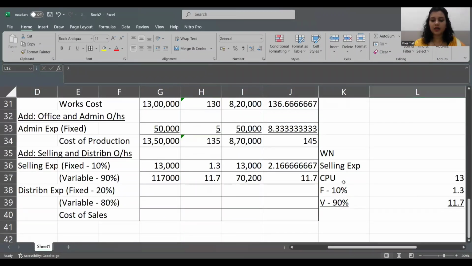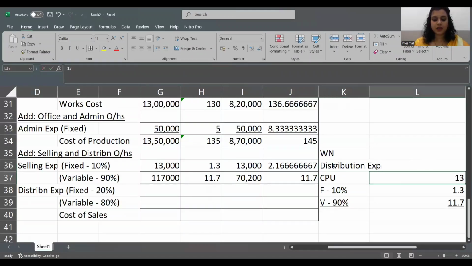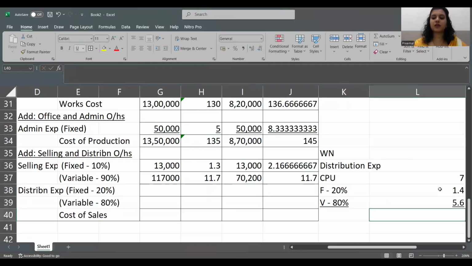So let's prepare another working note. This time I will be calculating it for distribution expense. Cost per unit is 7. Fixed portion is 20%. So the variable portion will become 80%. Now 20% of 7 will give me 1.4 and the remaining becomes variable. And this variable cost per unit will remain the same irrespective of the units of production.